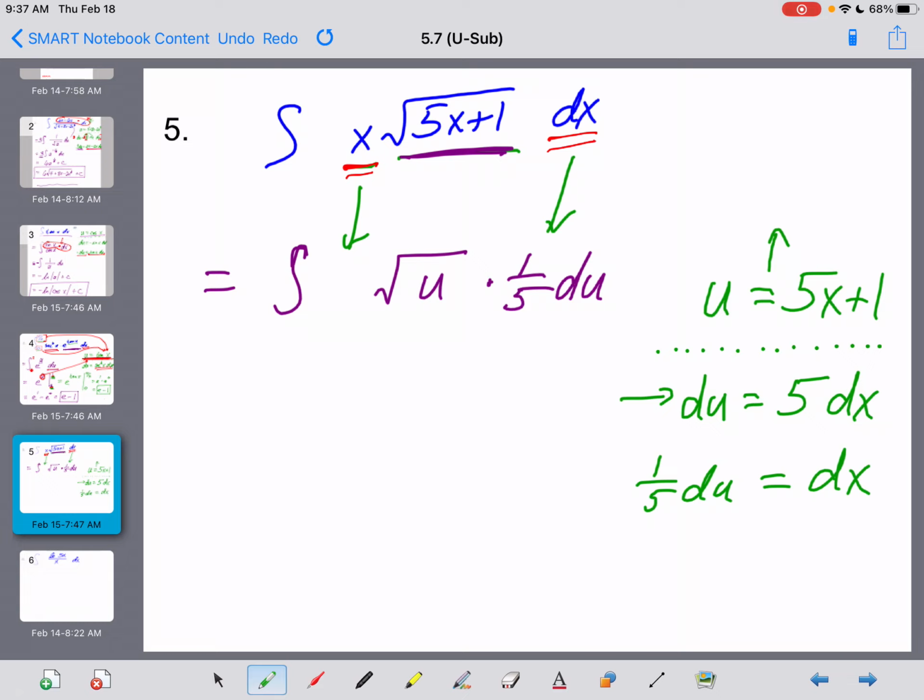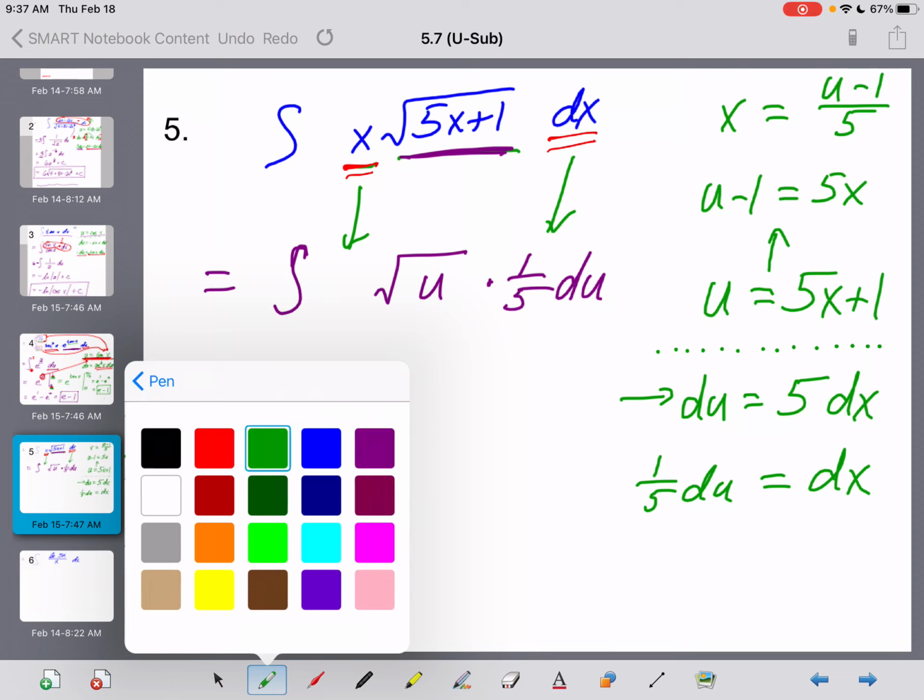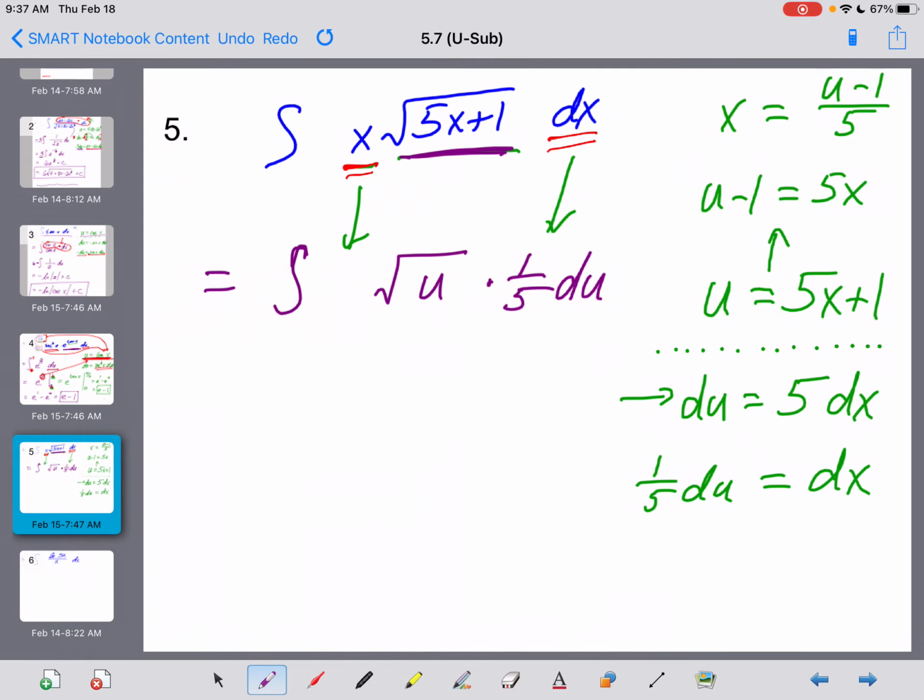I want to represent x in terms of u. How? I'm going to simply solve that green linear equation for x. I'm going to subtract a 1 from both sides and get u minus 1 is equal to 5x. And then I'm going to divide both sides by 5 and get x is equal to u minus 1 all over 5. So, geez, it's kind of ugly, but right there, I now know what to put in right here for x. I'm reading it right off that page right there.